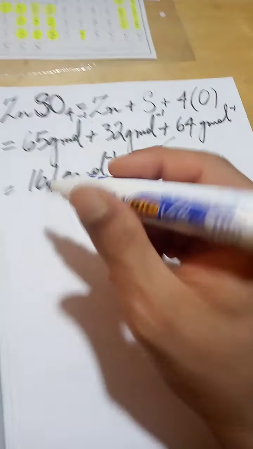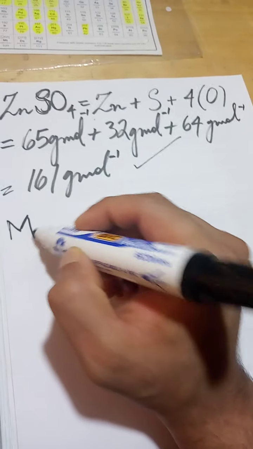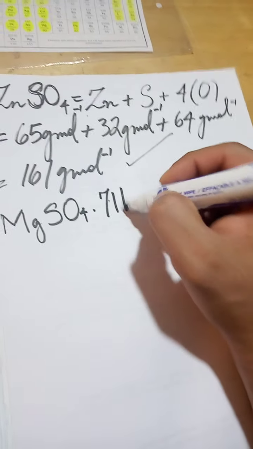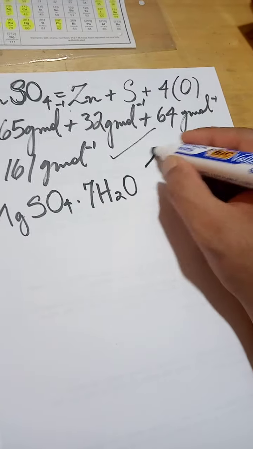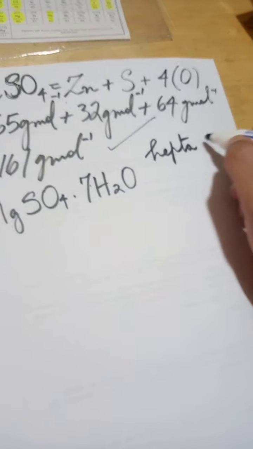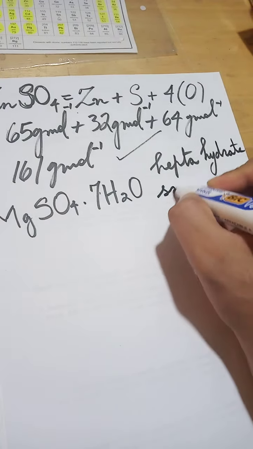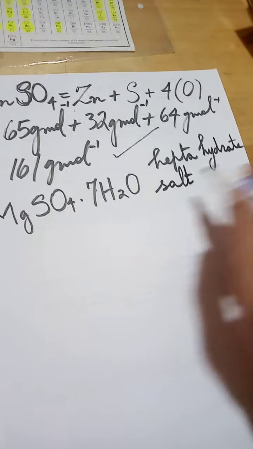Yes, that is correct. Reverse check. Always reverse check. So add this way and then this way. Right, and then you do magnesium sulfate heptahydrate. Why? Because it's got salt.